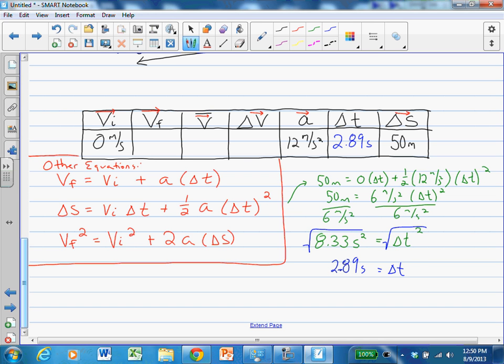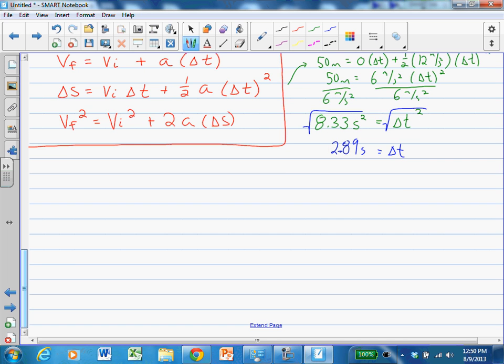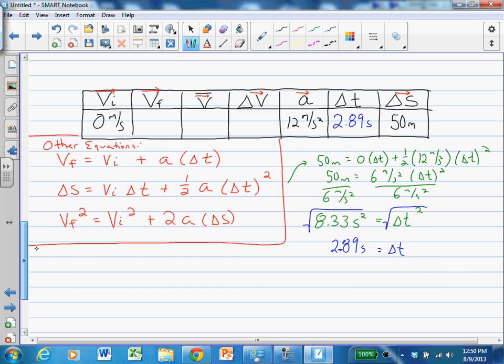Now that we have that, we could also solve for other things, like I could get delta V from A is delta V over delta T. So delta V is A delta T, which is 12 meters per second squared times 2.89 seconds, or 34.6 meters per second.